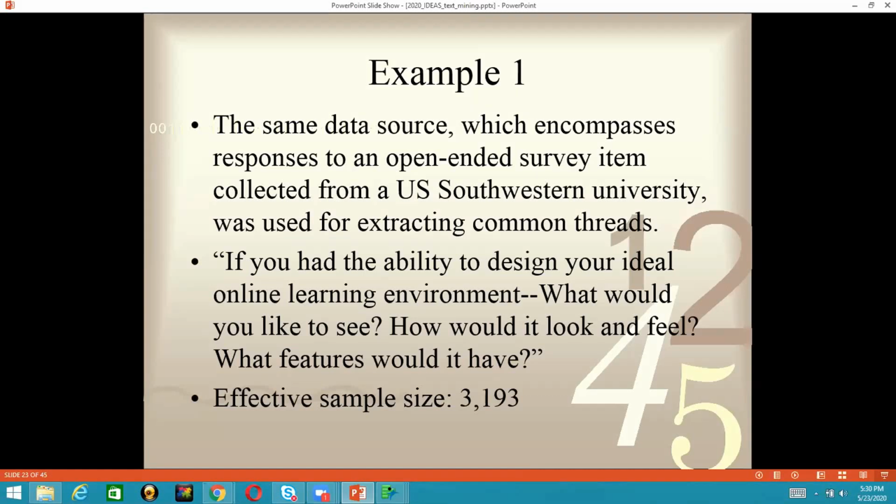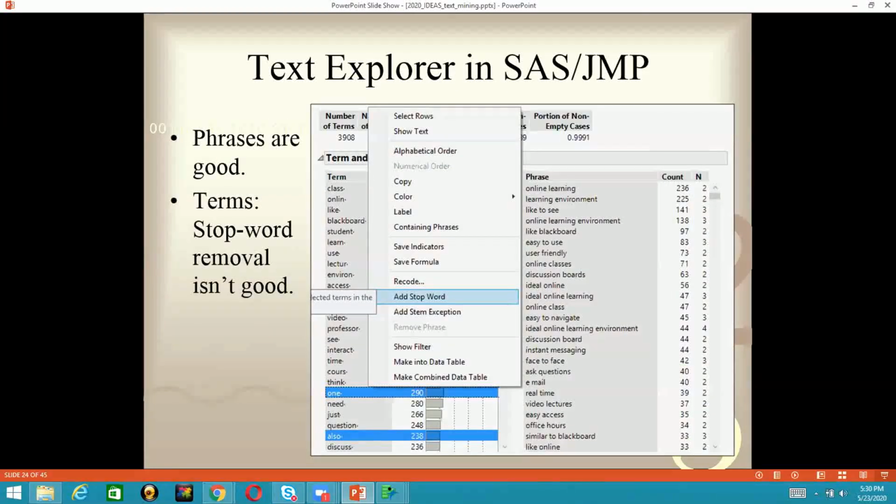Compared with a corporation like Amazon or eBay, this is nothing, right? They have millions of feedback from customers. But still, 3,000 plus, when you use traditional content analysis or grounded theory, takes forever. So I use SAS to do it.